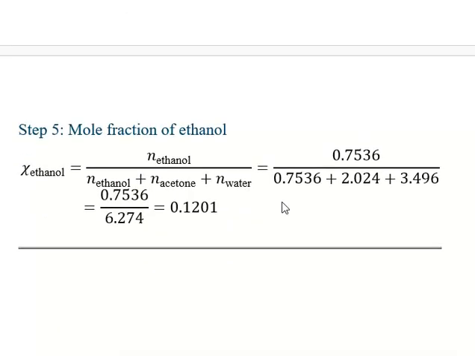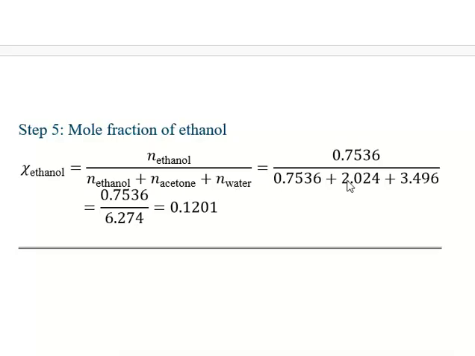Now, last step, mole fraction of ethanol. Mole fraction formula is very easy. For the calculation of mole fraction, divide the number of moles of ethanol with total number of moles. So we have calculated the number of moles of ethanol, acetone, and water.